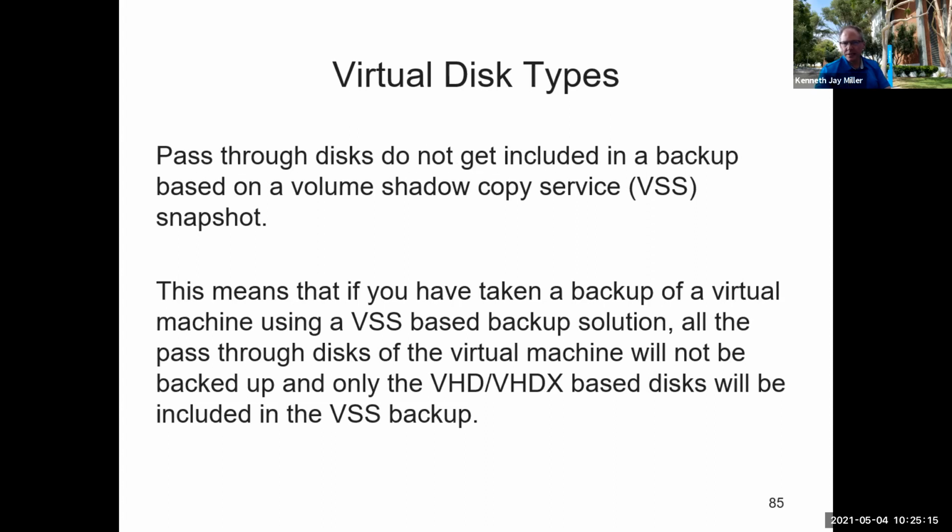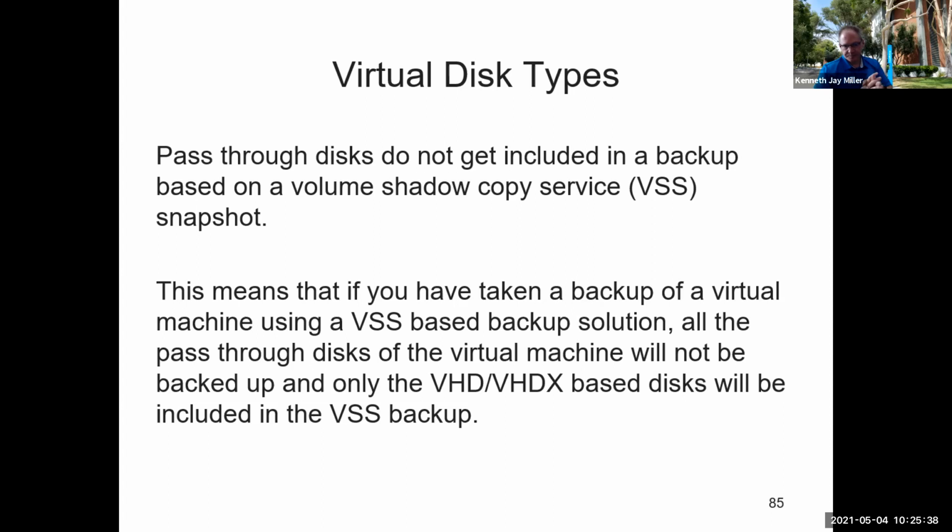And pass-through disks are not included in the volume shadow copy service. So if we're going to use backups, the native backup or a third-party application backup, the VM will not see the pass-through disk in the volume shadow service.